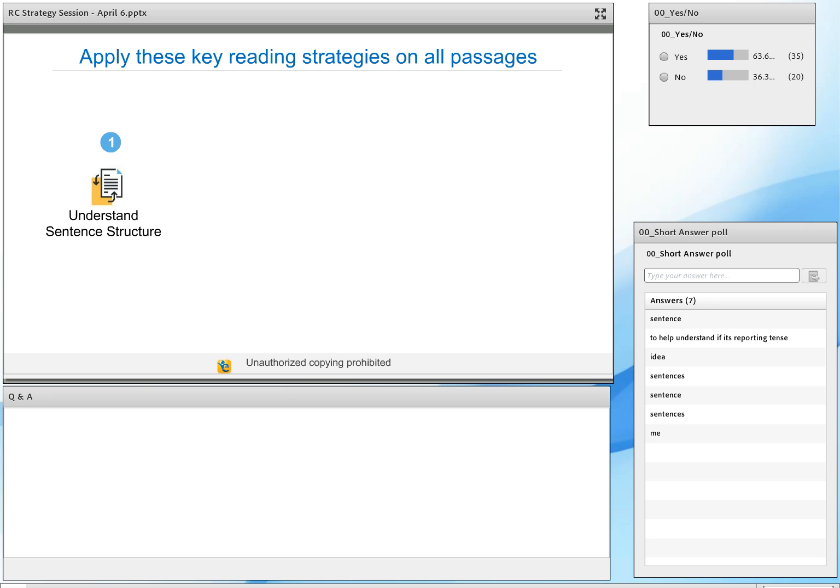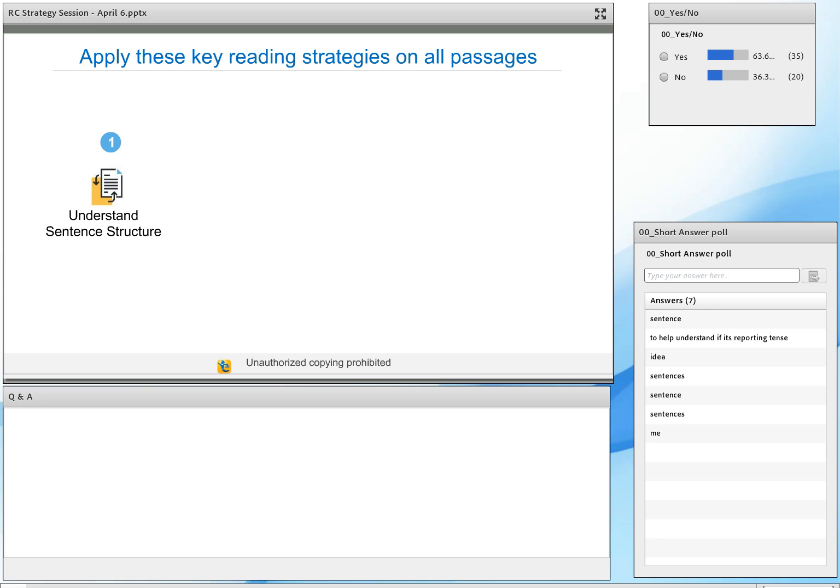However, a sentence is also composed of multiple ideas, right? So it makes sense to split that sentence into its smaller chunks, into its smallest unit, which is an idea. And that is where understanding sentence structure is so very critical. If you start to read the passage assuming that a sentence is the smallest unit, then you will end up missing out on a lot of information that the author has packed in that single sentence.